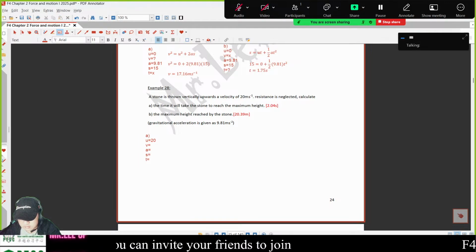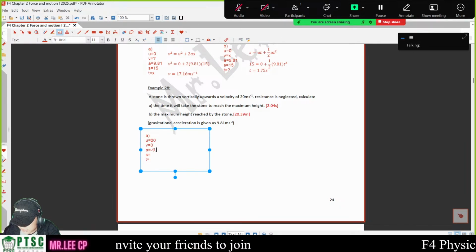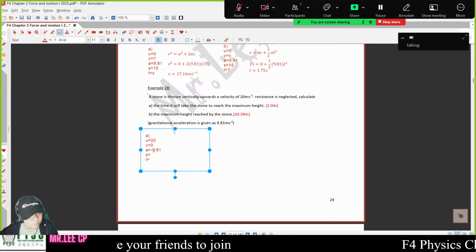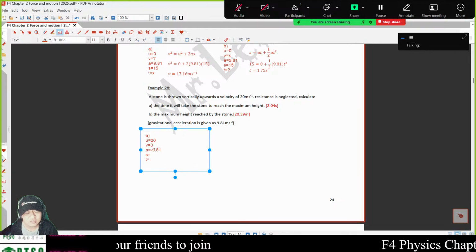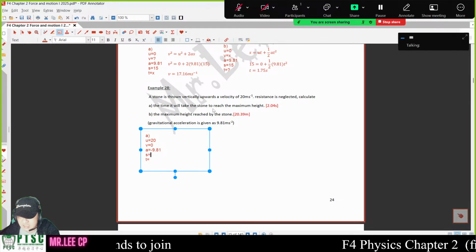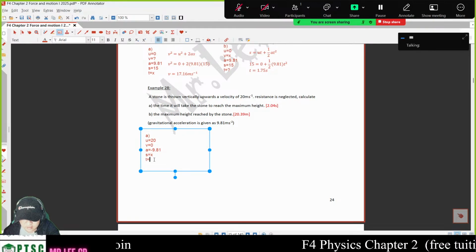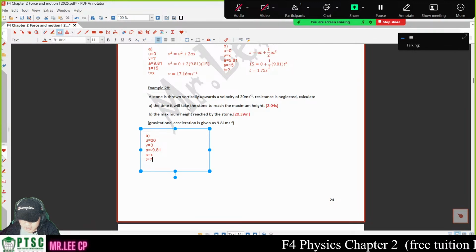Final velocity is 0. A is negative 9.81. Why negative? Because against the gravity, because it is going upward. S is maximum height, I don't have it. T, time taken, is the question that you want to ask.